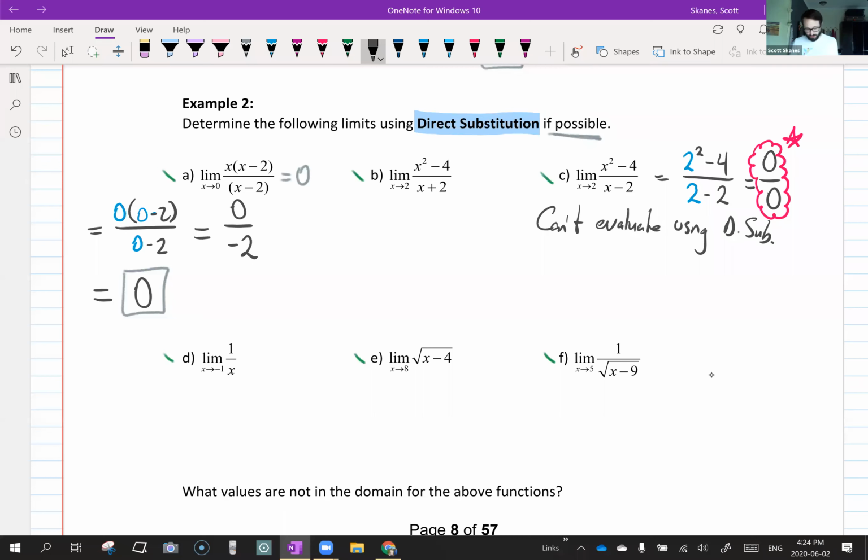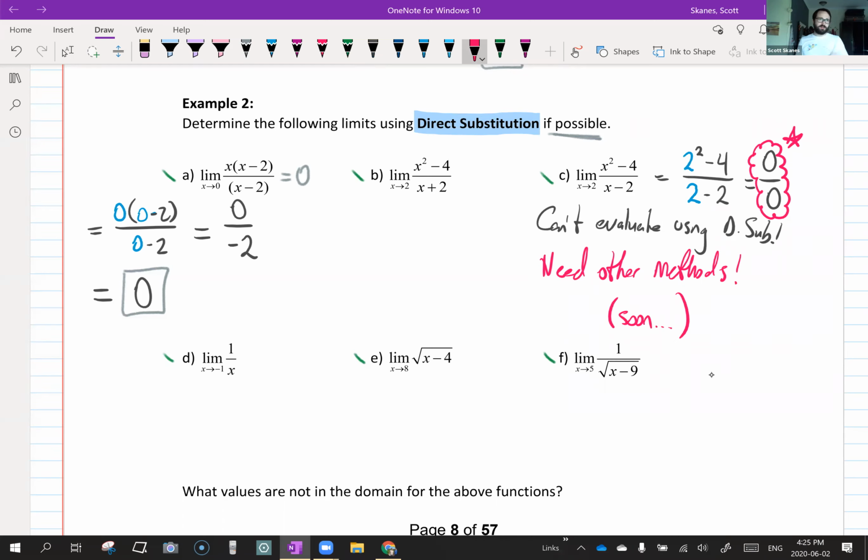We need other methods, and we're going to do those very soon. There are other very simple ways to evaluate this. For now, we just can't say what the limit is.